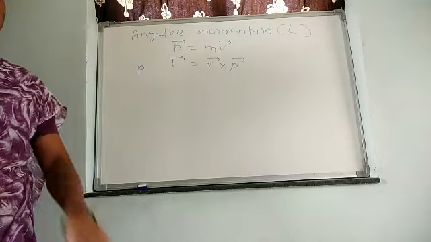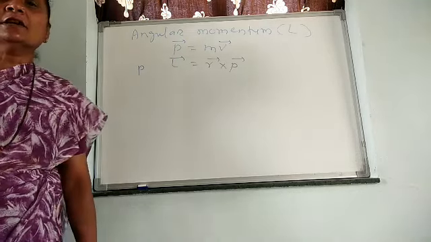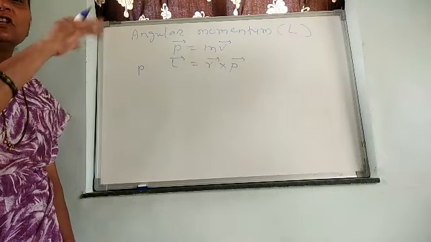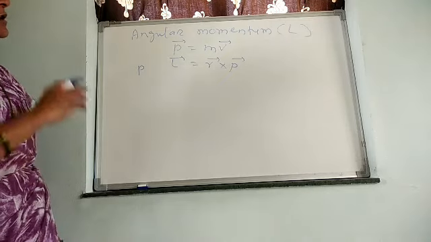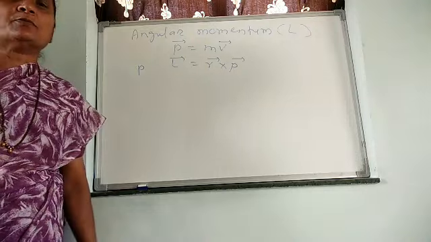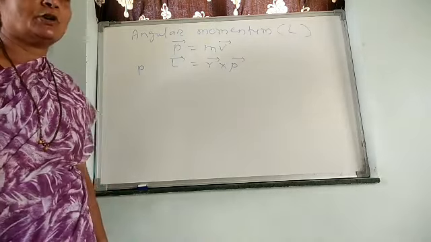Here r is the position vector and P is the instantaneous linear momentum of the object performing circular motion.